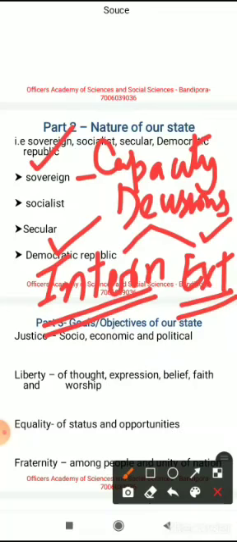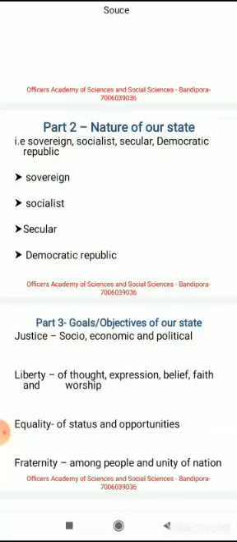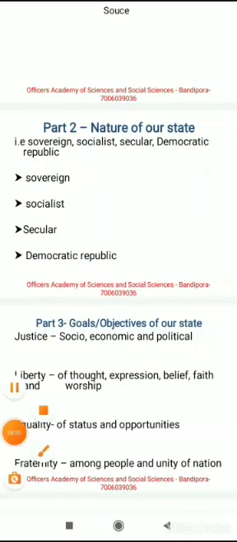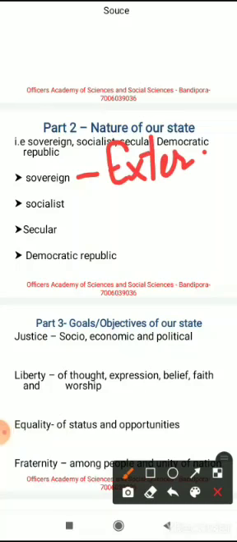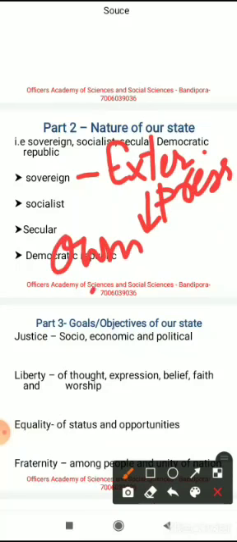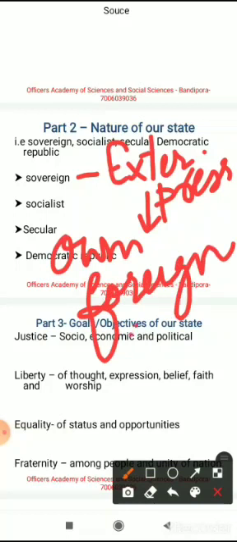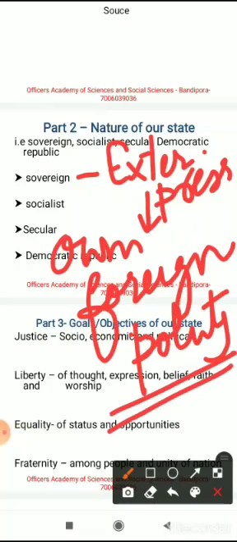It also means that we are not subjected to any external pressure. It means that we have our own foreign policy. No country can dictate to us what our foreign policy should be.